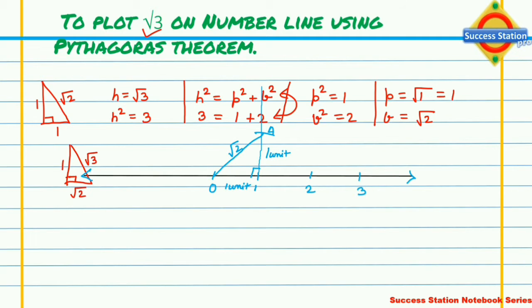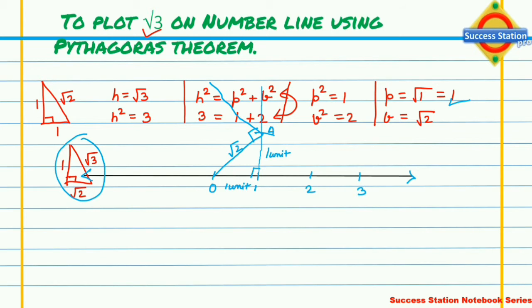Now what we said, we saw here that the base should be root 2 and the perpendicular should be 1. So if my base is root 2, I have to draw a perpendicular to root 2. So if this is root 2, perpendicular to this will be somewhere here, right? On this, the perpendicular should be of length what? It should be of length 1.